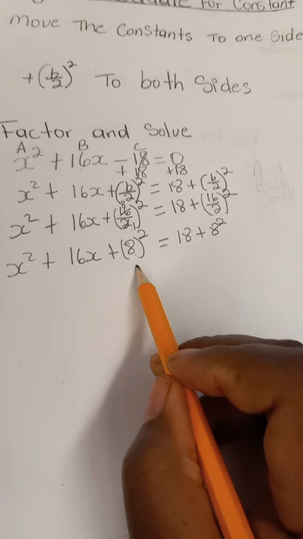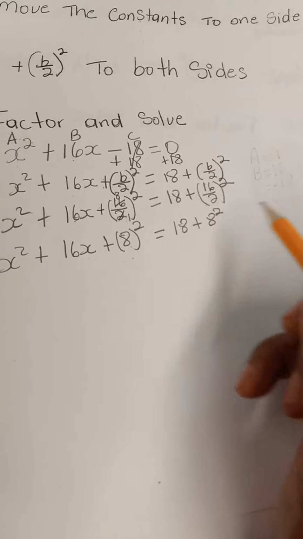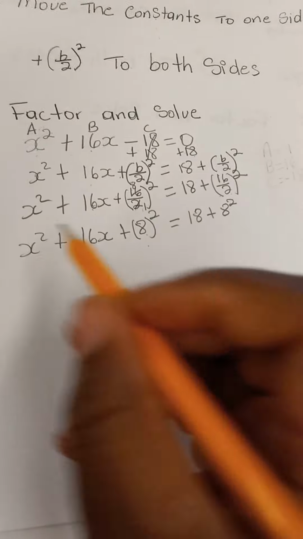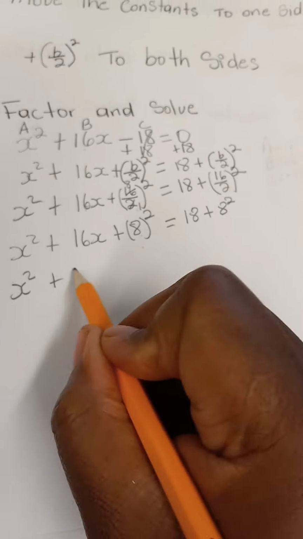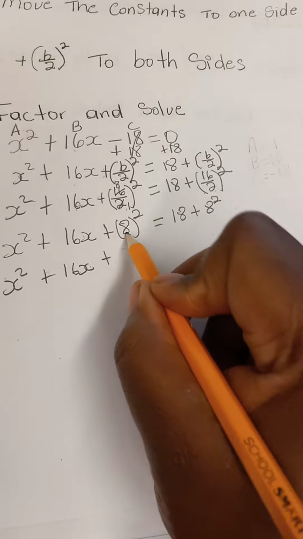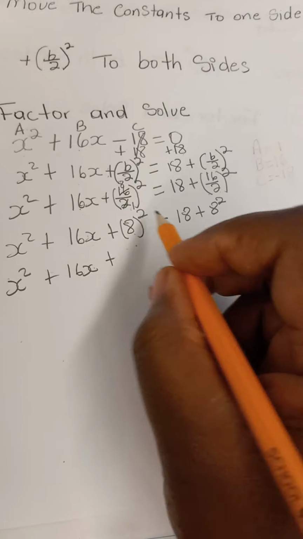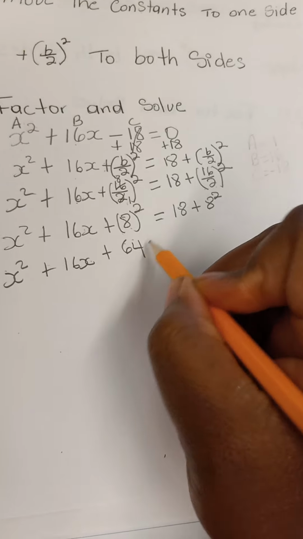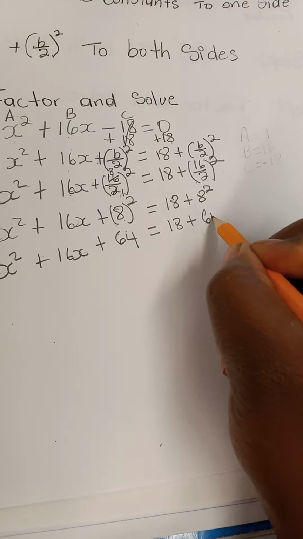The same one I have on my right is the same one I have on my left. 8 squared is 8 times 8, which is 64. So this is equal to 18 plus 64.